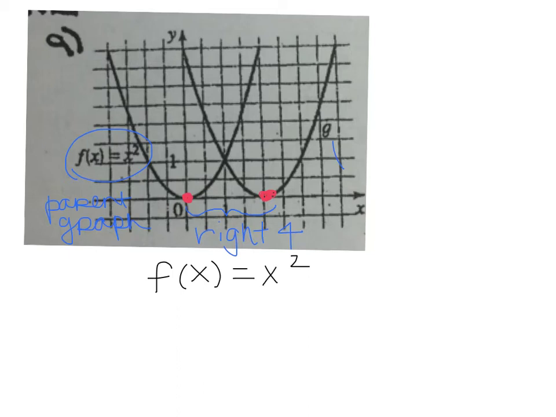And to the right 4, this is my h value, so that should be a minus h for it to move to the right. And so it always goes inside with the x, so I should have x minus 4 and then squared so that it's still its parent function. And that's my final answer to get from f of x to g.